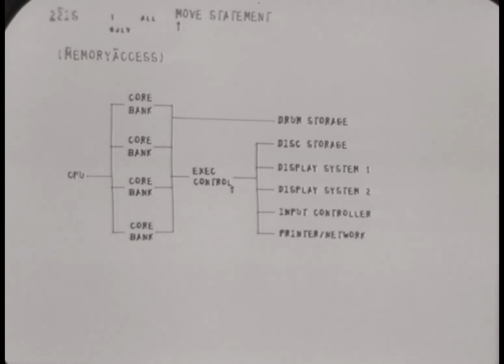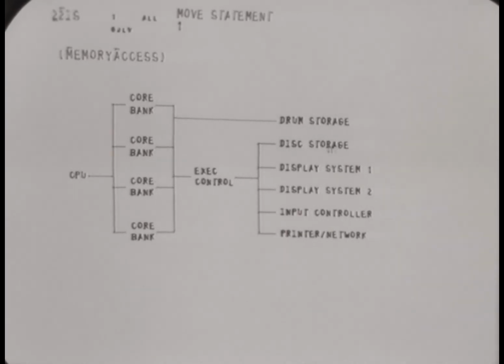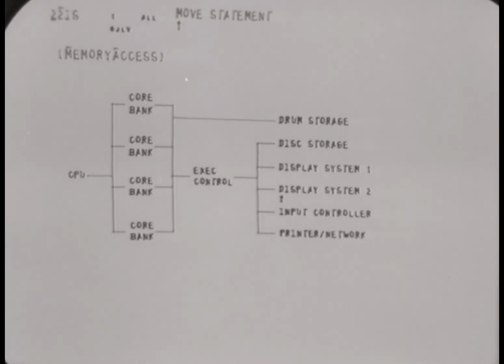We've taken advantage of that to put all of our control out here: a large 96 million character Bryant disk for giving backup storage for ourselves, our two display systems, each of which drives 6 displays, all of which are refreshed out of core, and the input controller, which samples the keyboards, the key sets, and the mice of each station about 15 times a second.